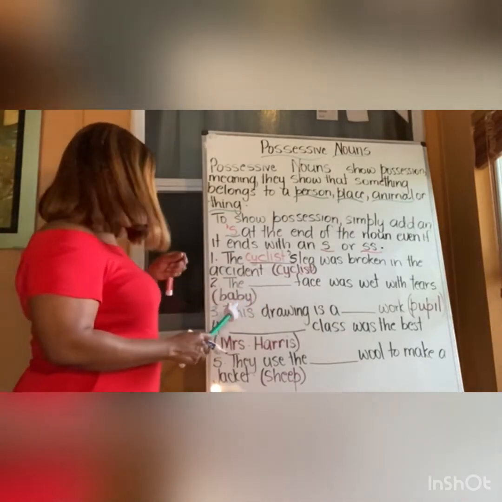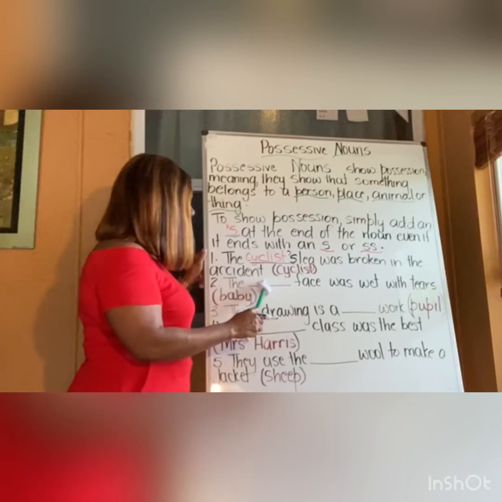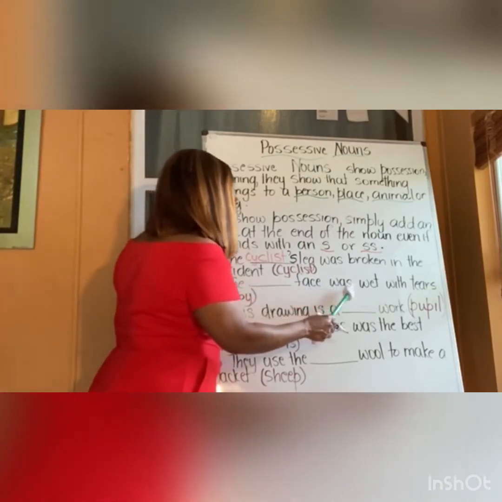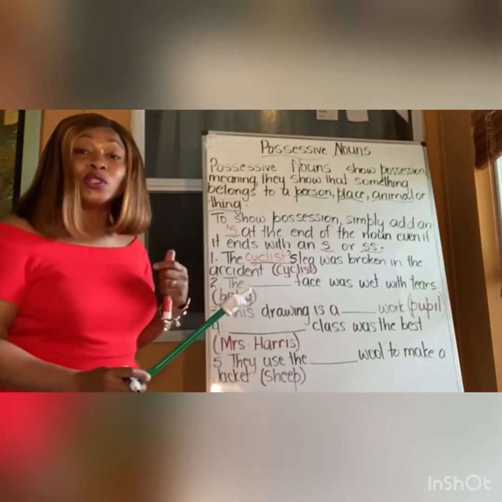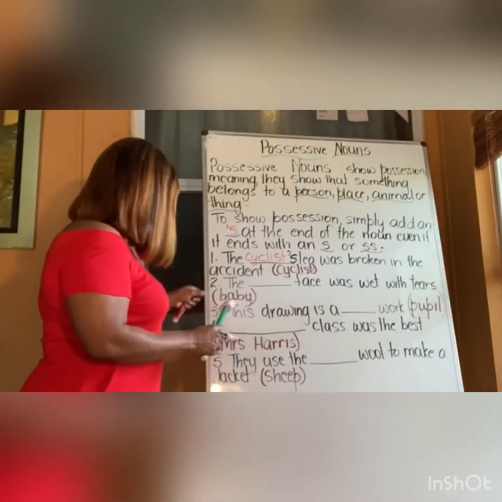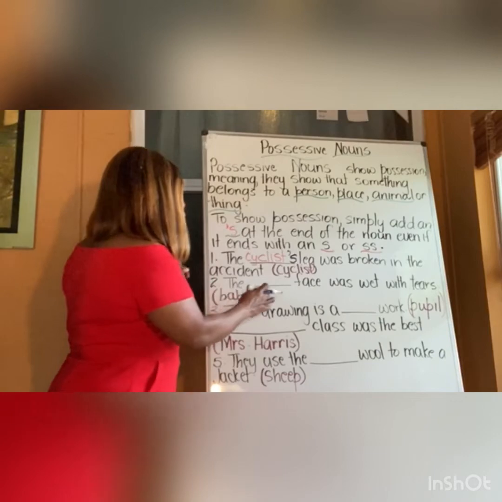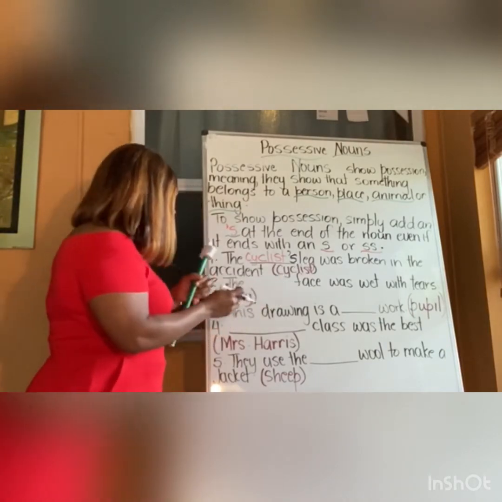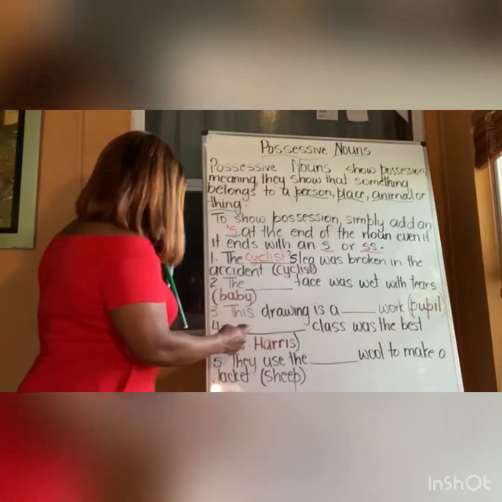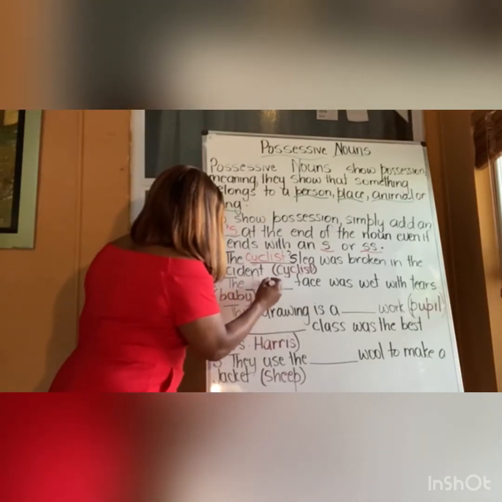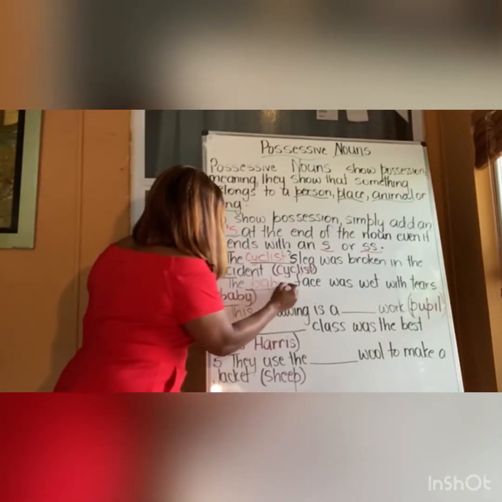Let's go to number 2. The blank face was wet with tears. Whose face was wet with tears? It's the baby. So how do we show possessiveness for that? We need to write back the word baby, B-A-B-Y.